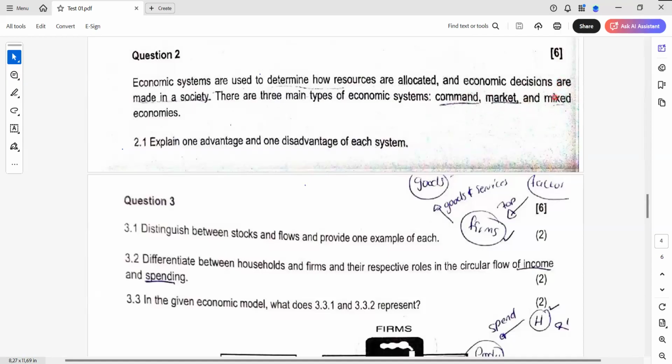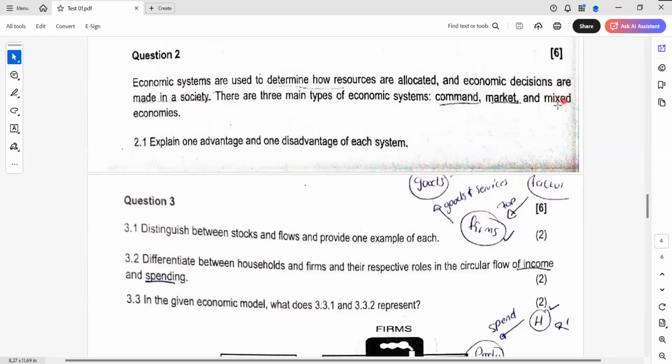So the advantage in the mixed economy is that there is a balance of needs and wants because the government takes care of all our needs and the market takes care of all our wants. So there's a balance of the needs and the wants within the economy, right?